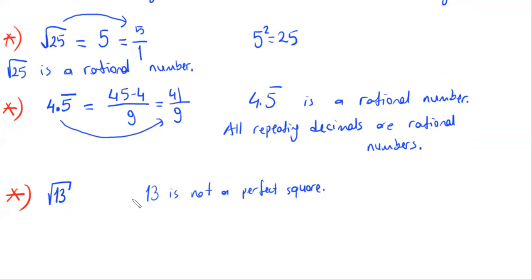That means I cannot write root of 13 as a fraction. So if the number inside the square root sign, inside the radical sign, is not a perfect square, then it is an irrational number. As you see, root 25 here is a rational number, but root 13 is an irrational number.